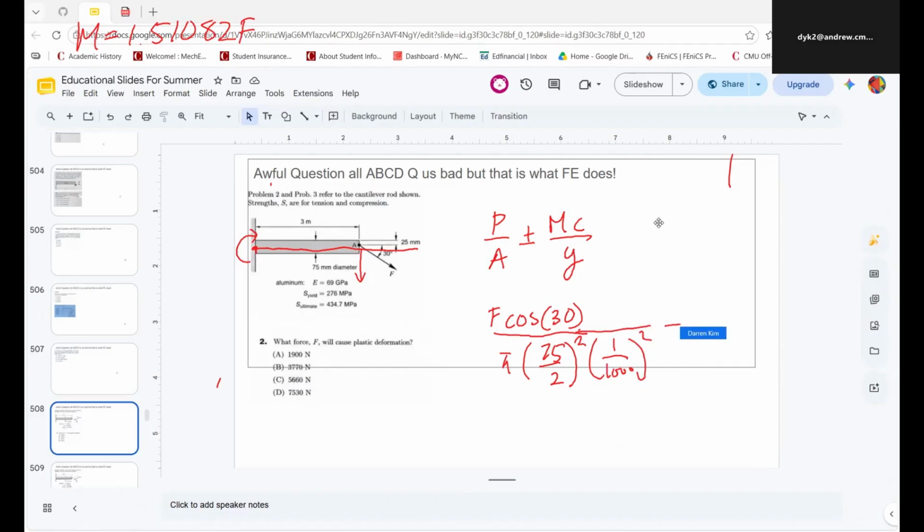Plus or minus, we're just going to not do the negative to make this a 1.5108 F, and then C will be about 75 divided by 2 thousand because of the millimeters, right?